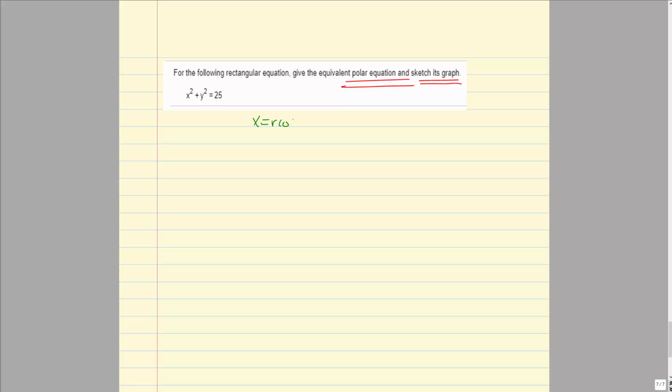First of all, x equals r cosine theta and y equals r sine theta. And when we have a polar form, that means r equals stuff. So for x and y, I'll have (r cosine theta) squared plus (r sine theta) squared equals 25.